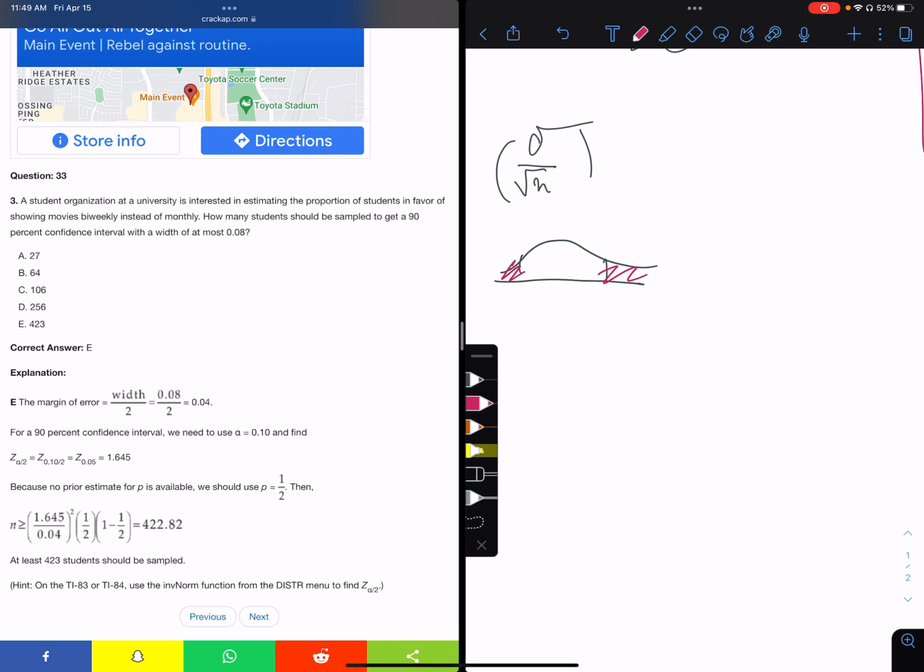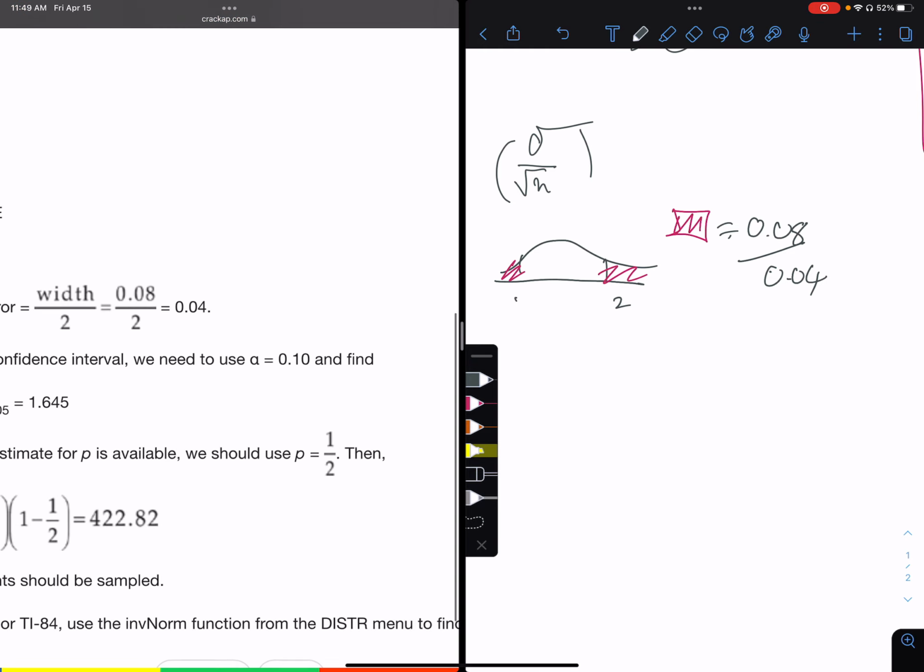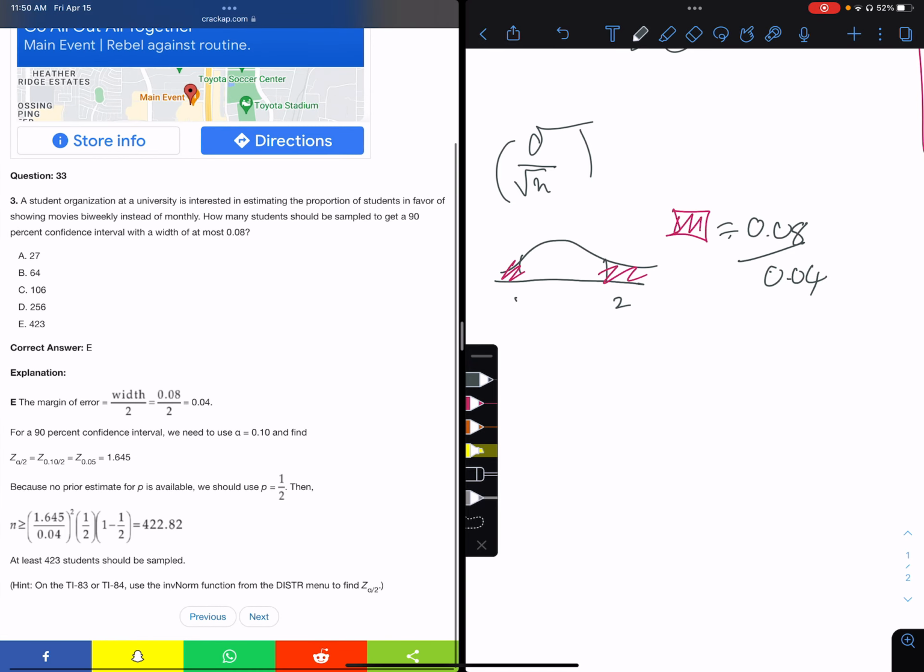So what they're saying is that all of the red is equal to 0.08. You have to divide by 2 because it's two sides, so it's 0.04. Our value is 10%. So if P is 1/2.